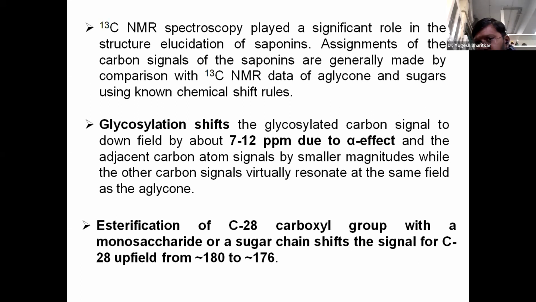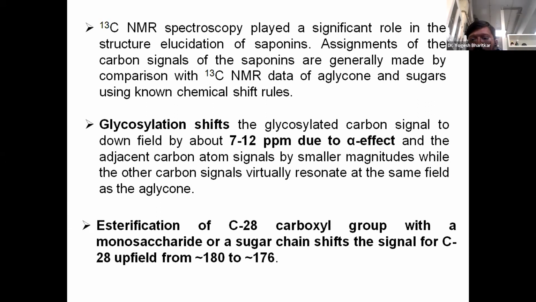Suppose a saponin contains 2 sugars, meaning 30 carbons from the aglycone part and 12 carbon signals from the glycone part, that is the sugars. So we can get exactly 42 signals in 13C NMR for that saponin, since each carbon is different and gives a different signal.